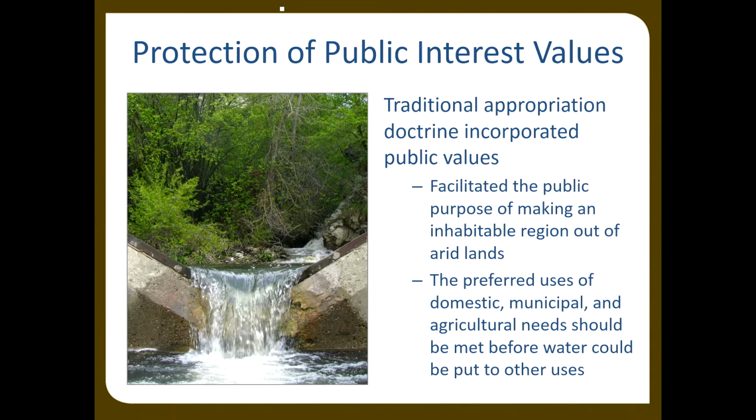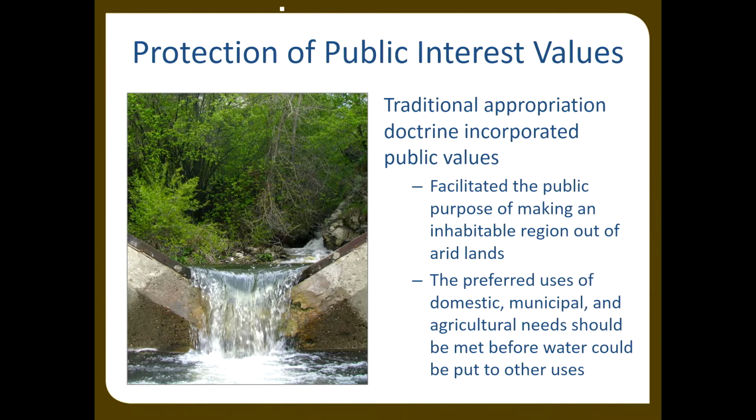In some ways, the traditional appropriation doctrine incorporated public values. A fundamental tenet of prior appropriation law was that land and water estates were separate, and that water could be removed from its natural location and used beneficially elsewhere. This facilitated the public purpose of making an inhabitable region out of the arid West.